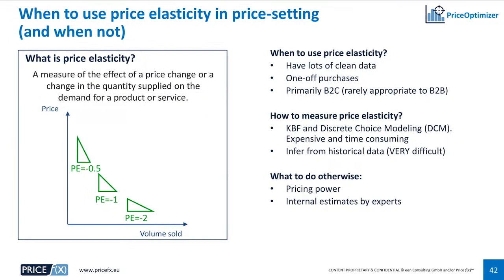Measuring price elasticity, the classic way is to use a key buying factor study, the thing we talked about before, and then doing discrete choice modeling. Discrete choice modeling is when you get a group of opportunities, a package. So I'll say, do you want to buy a BMW 3 Series with a radio and an extra big engine and fancy go faster stripes for 18,000, oh, that's the wrong number, 35,000?